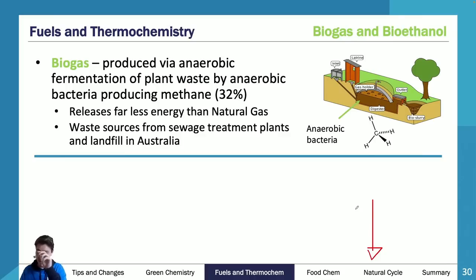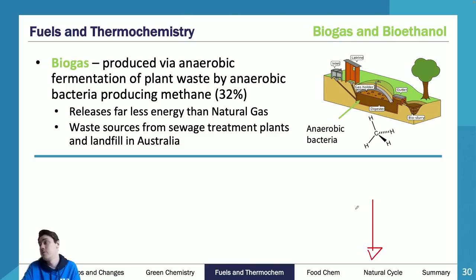Therefore, when you're burning the same volume of that fuel, there's only 32% of it that ends up being fuel. Therefore, when you have a full volume of it and the same volume of natural gas, which let's just say, for example, is 70% methane, which is the fuel, this is going to produce a lot more energy than our biogas, which is one of our downfalls of it.